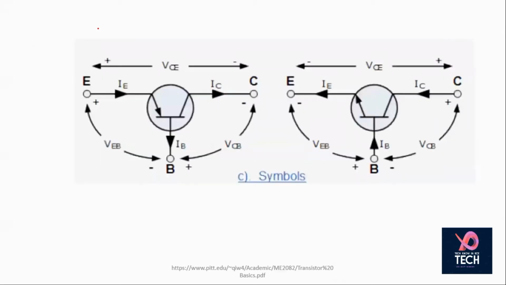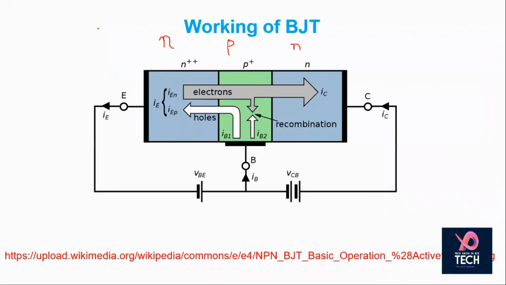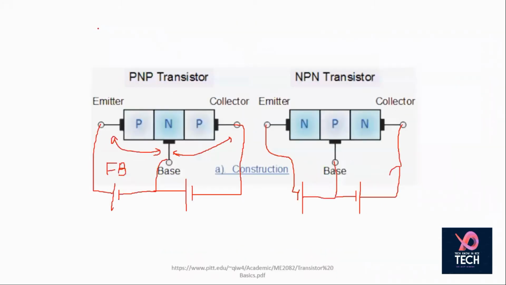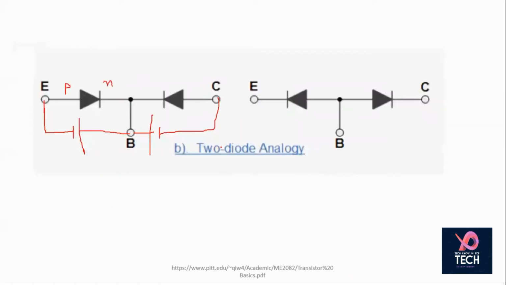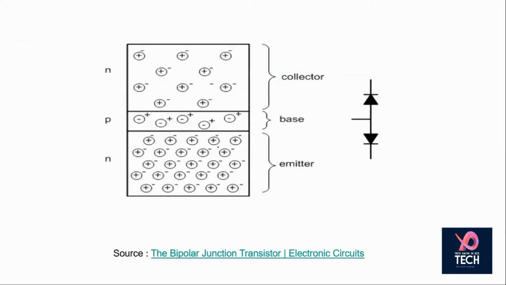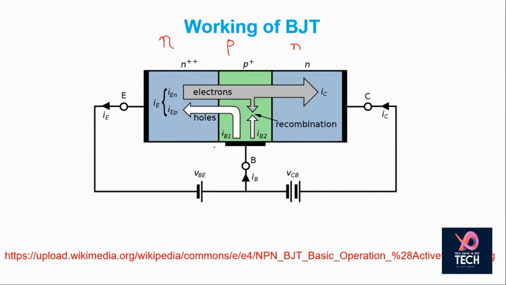It is not going to conduct. Similarly, when both regions are in forward bias, the device is in saturation mode. So these modes, how your device operates, are very, very important.